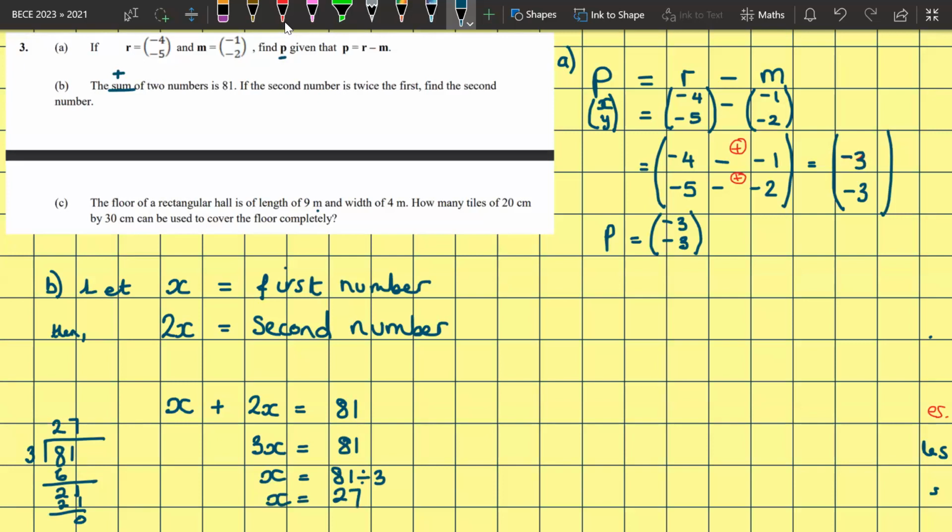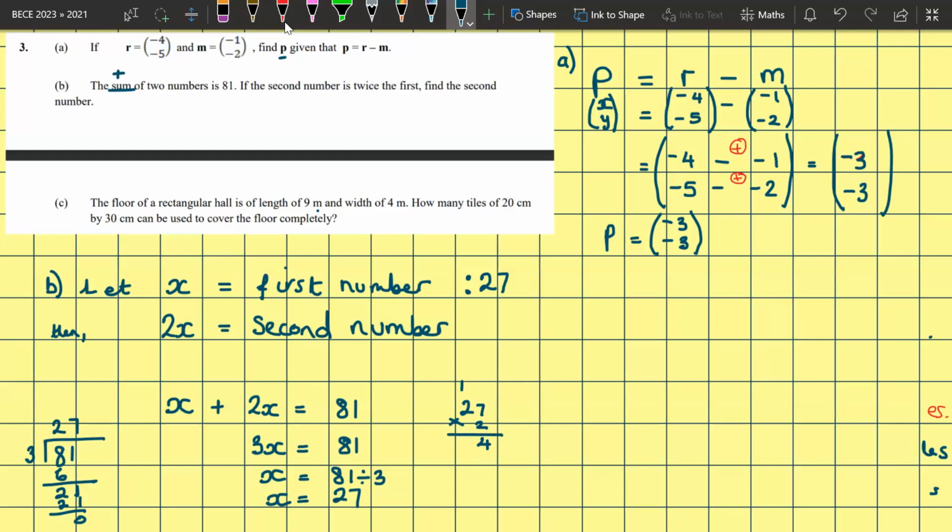Now remember, x is the first number, which is 27. But the question is asking for the second number. And we know the second number is twice the first. So if our first number is 27, 2 lots of 27, 27 times 2. 2 times 7 is 14.